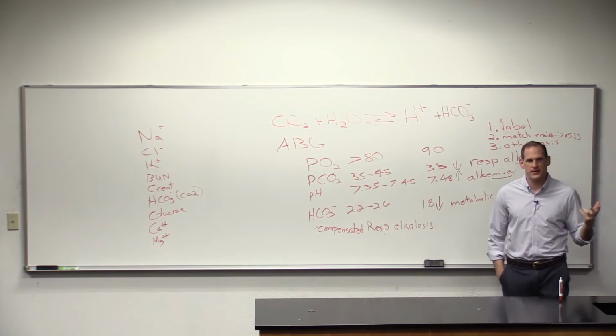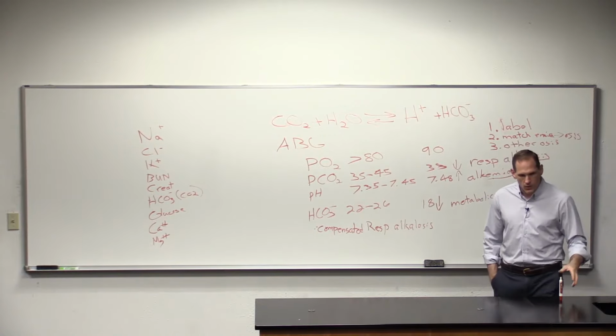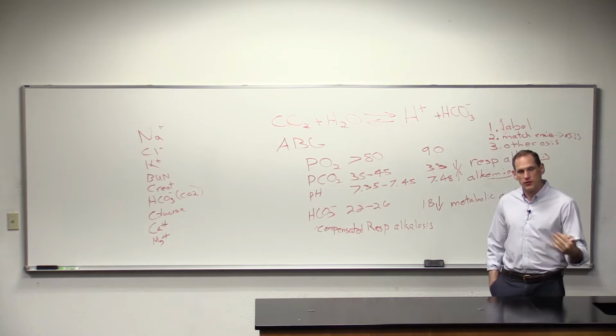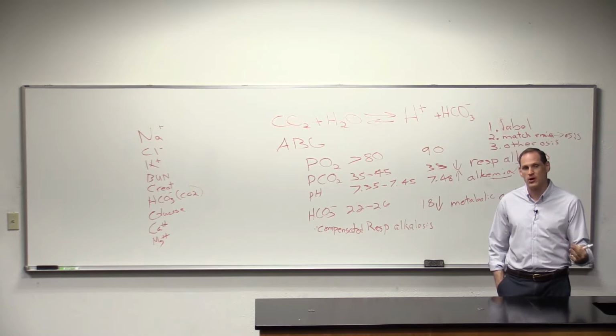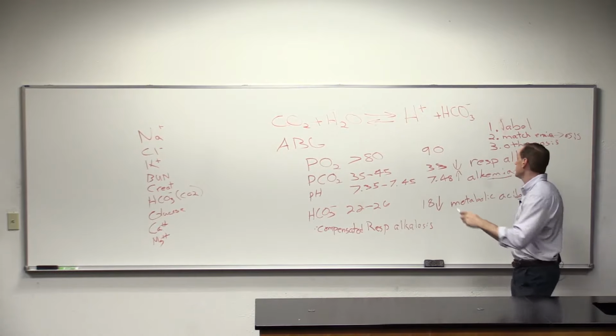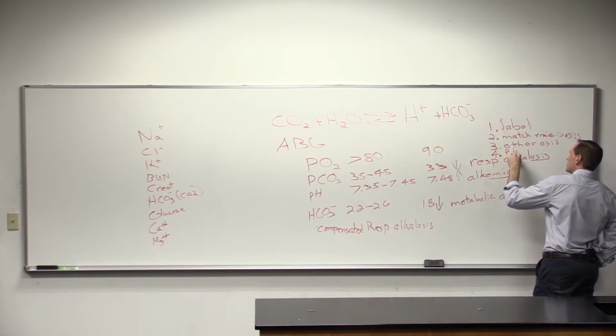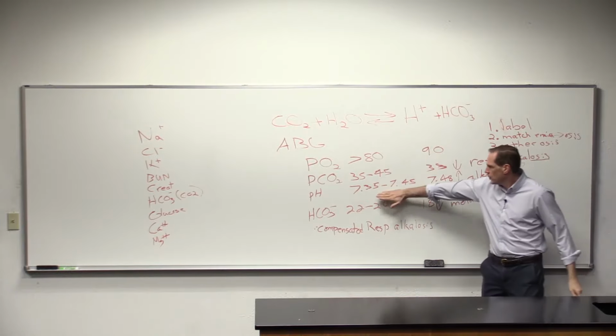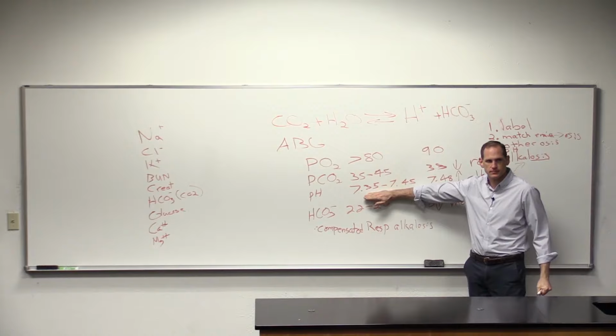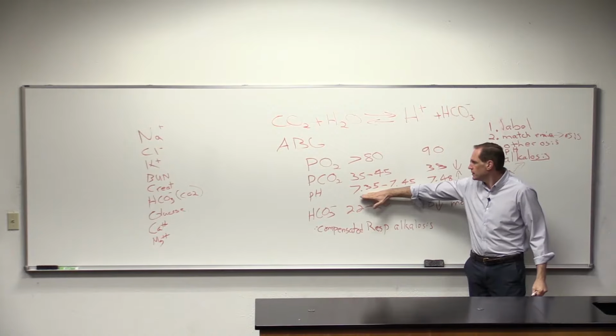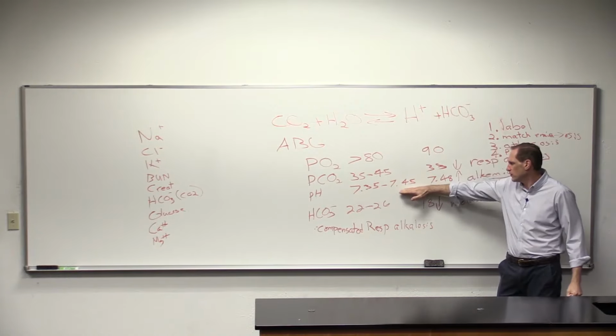All right, there's one more piece. Are our kidneys able to fully compensate, or are they only partially compensating? And the answer to that, step number 4, is we have to look at the pH. So, what's normal pH? 7.35 to 7.45.